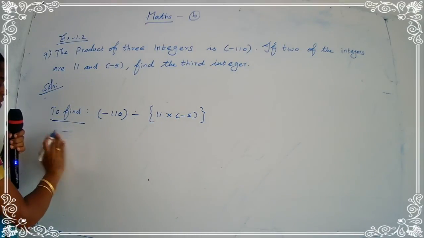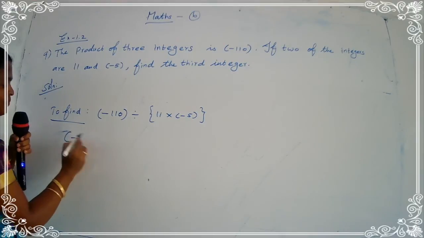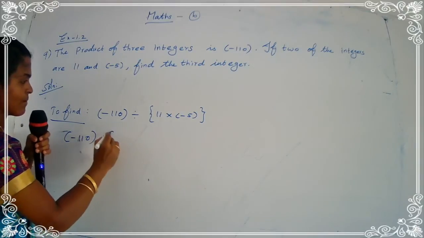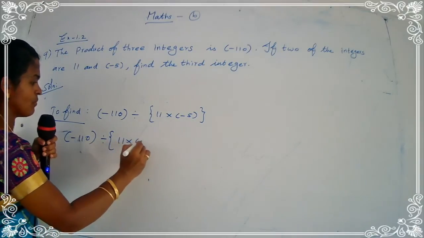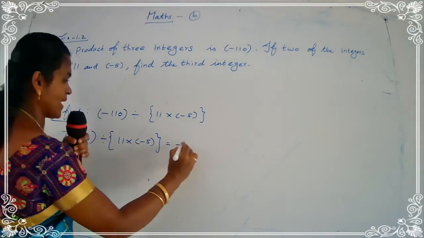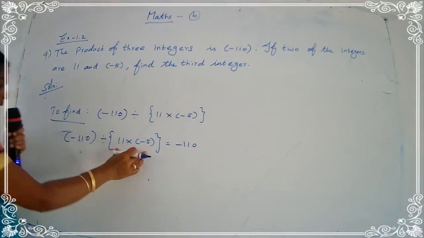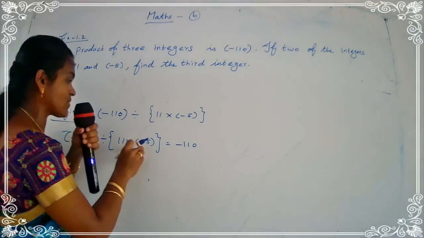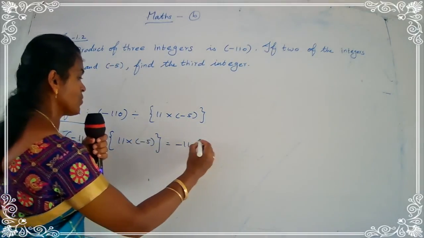Okay, so now you find the value of minus 110 divided by 11 into minus 5. Okay children, the bracket inside is there, so that's why first to find the bracket inside. Whatever is inside, first to find.